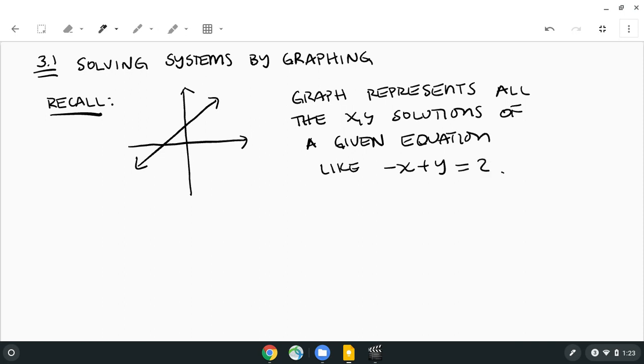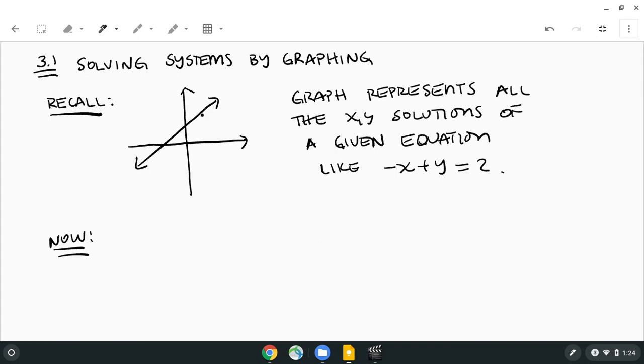All right, so now what we're going to be doing is we want to find the x and y solutions that satisfy not just one equation, but multiple equations simultaneously. So great, all of these x and y points satisfy this equation. But what if we have another equation?